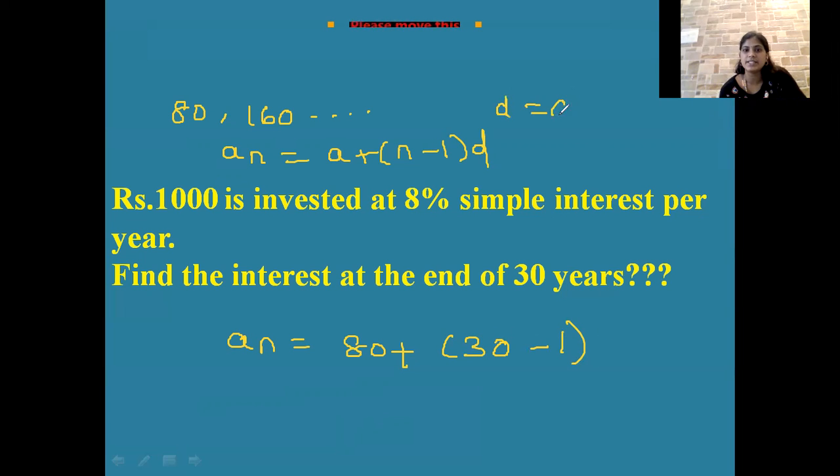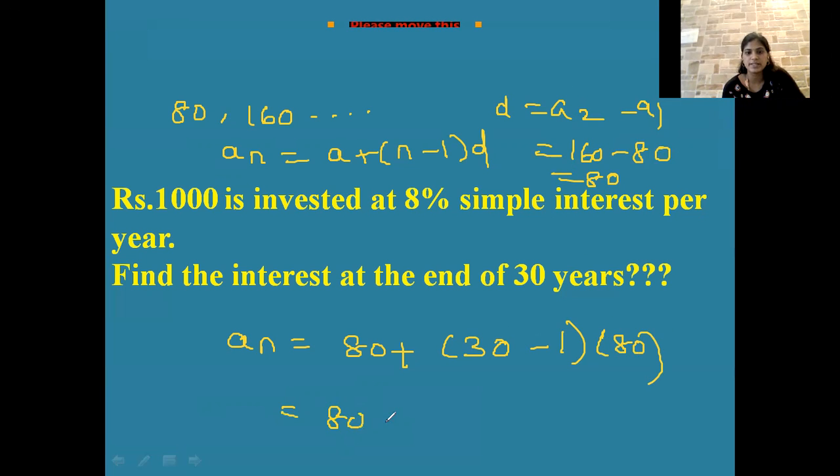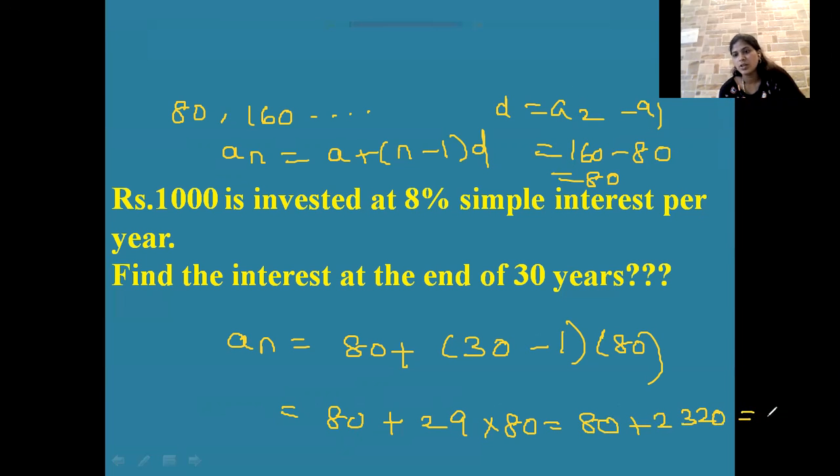How will you find d? d is equal to a2 minus a1, which is 160 minus 80. So that's going to be 80. So it's 80 plus 29 times 80. That is 80 plus 2320, which gives you 2400 as the answer.